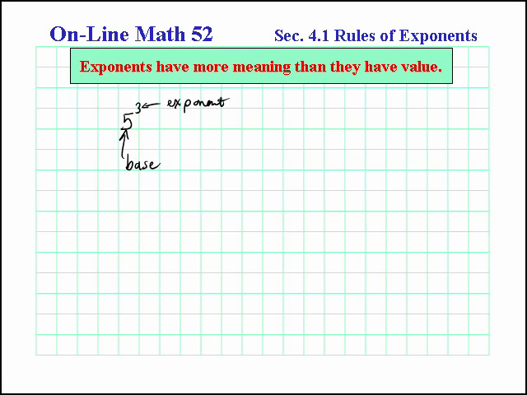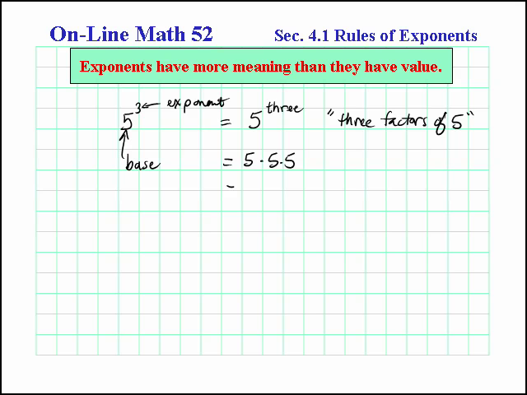Instead we want to treat this as 5 to the 3, meaning 3 factors of 5. Also interpreted as 5 times 5 times 5.